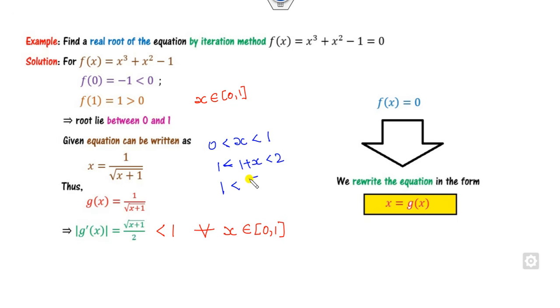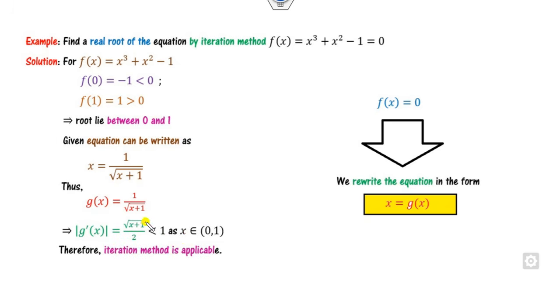So the root of this will lie between 1 and root 2, and then if I divide it by 2, clearly this number is less than 1. So hence root of x plus 1 divided by 2 is always less than 1. Therefore the fixed point iteration method works. So it means you can choose any number in between 0 comma 1.